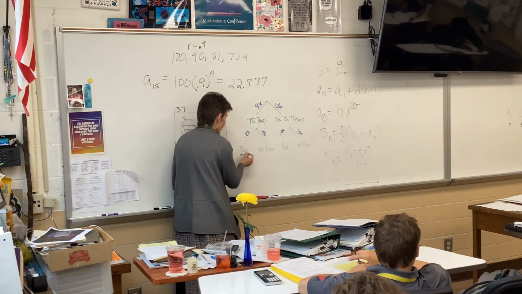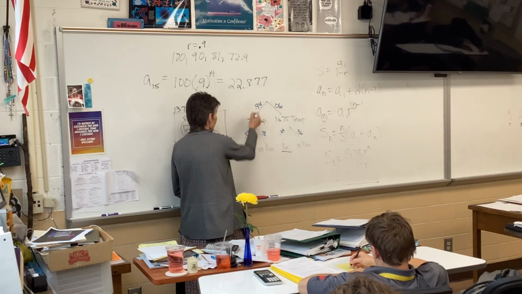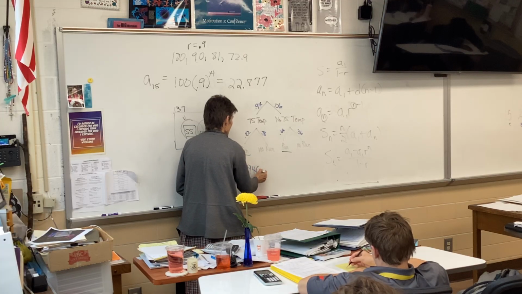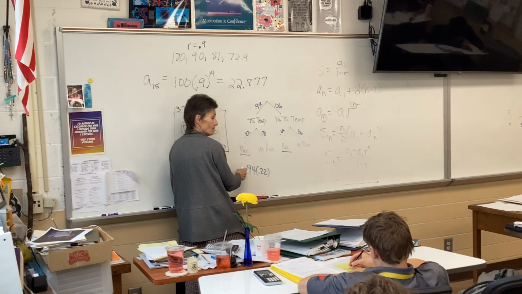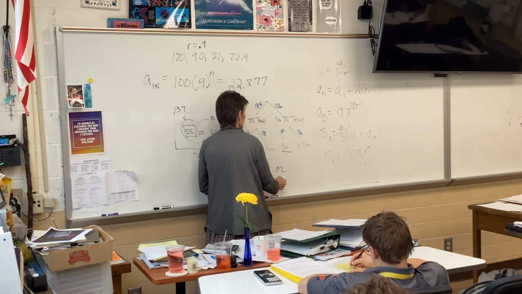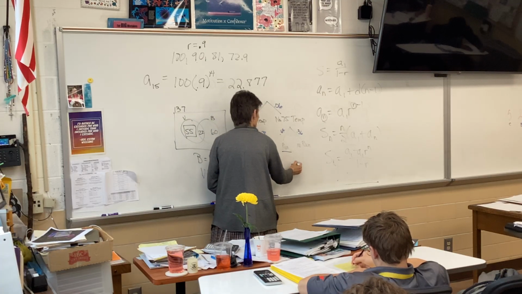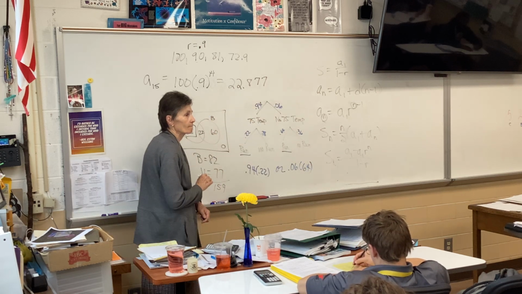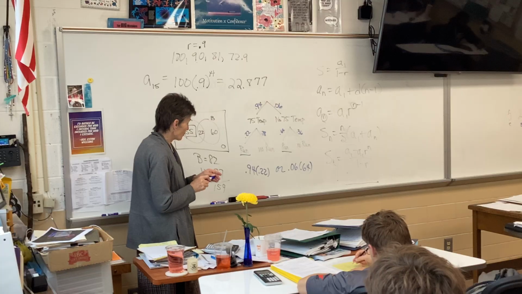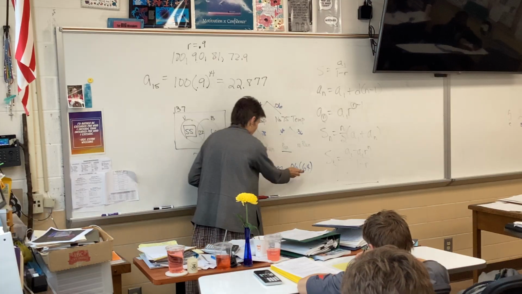Okay, so I want to run. So 0.94 times 0.22, I get the temperature and the run, or I don't get the temperature and I get the run. So these are going to both be numbers.